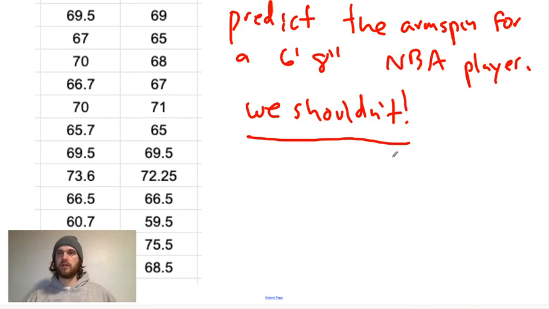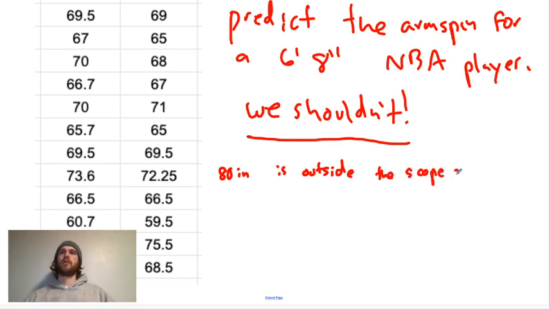The reason we shouldn't is that 80 inches, that is 6'8", is outside the scope of our data set for height.